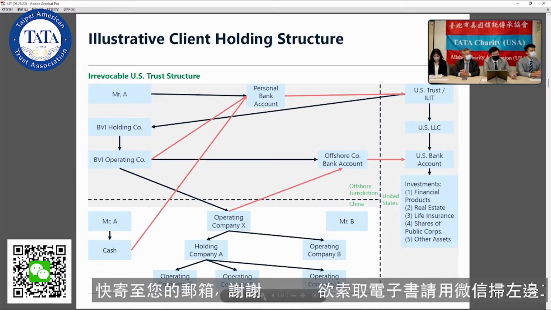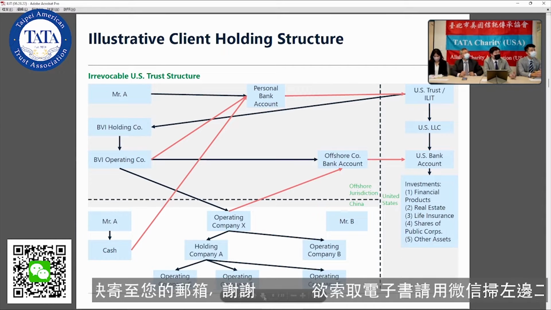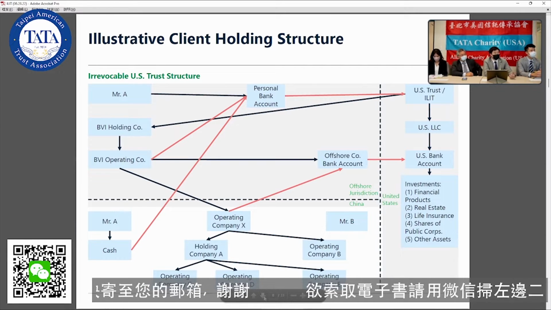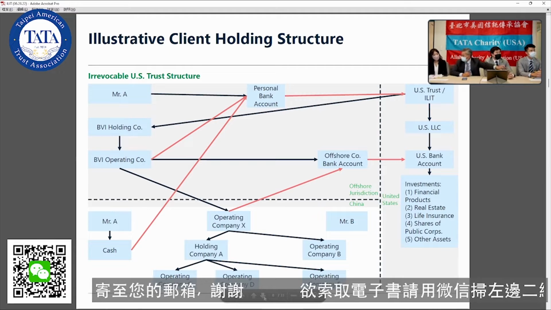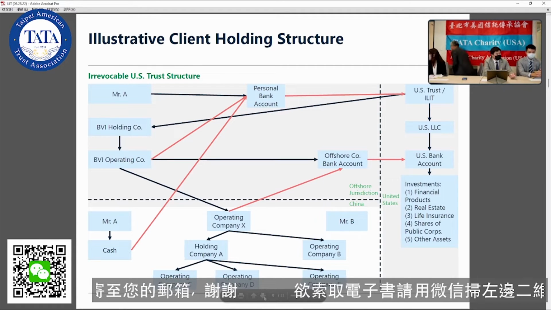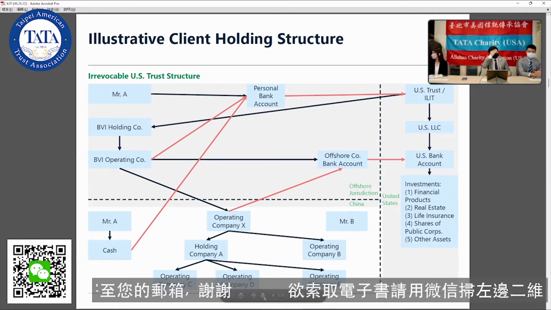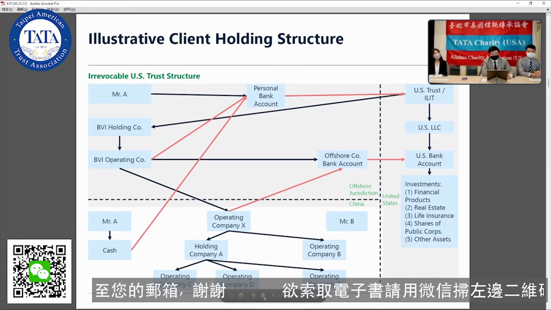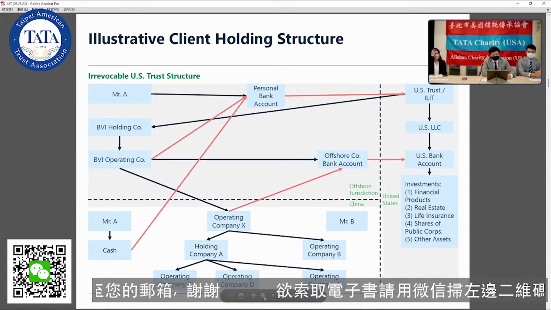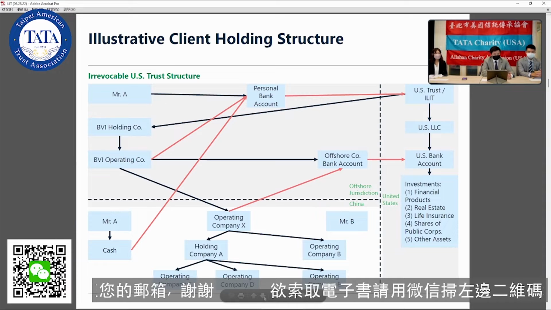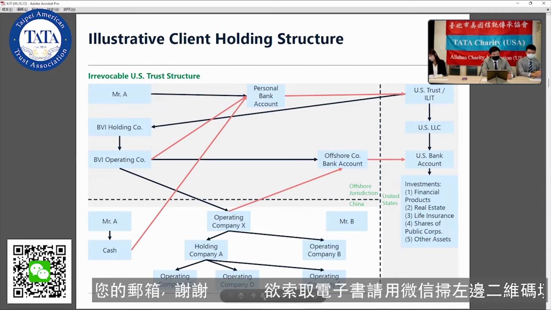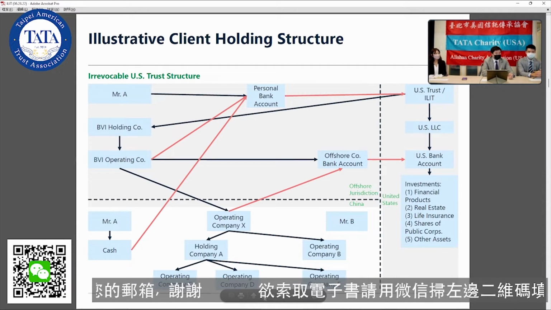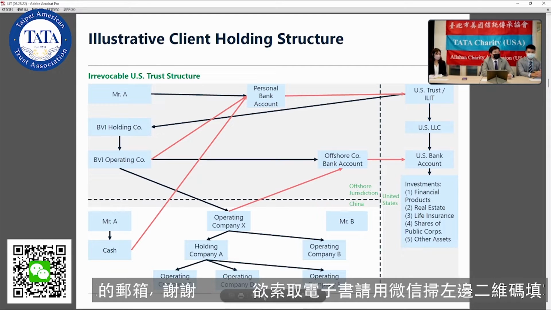This irrevocable US trust can be formed as an ILIT or as a regular irrevocable trust. And these structures allow Mr. A to transition his assets from China and some offshore jurisdictions to a US jurisdiction, and also to transition his assets from his generation to the next generation.